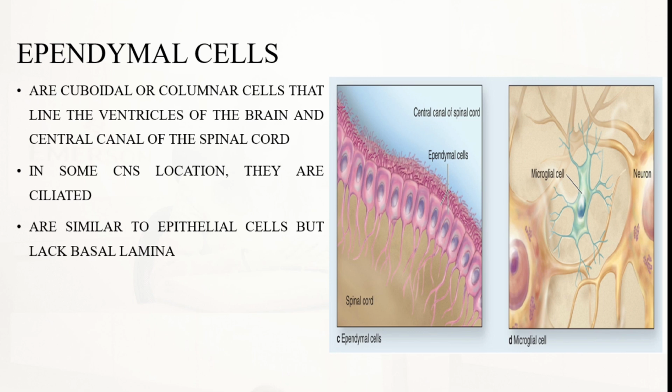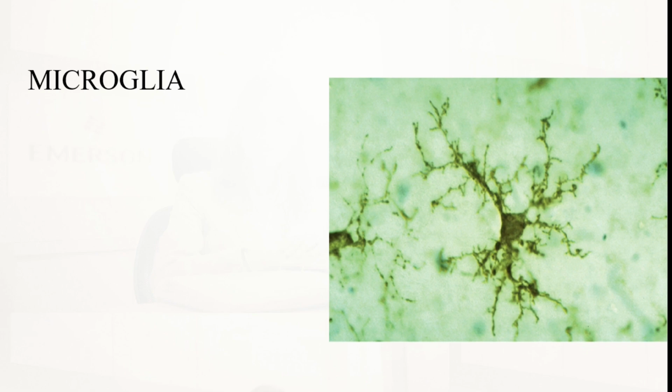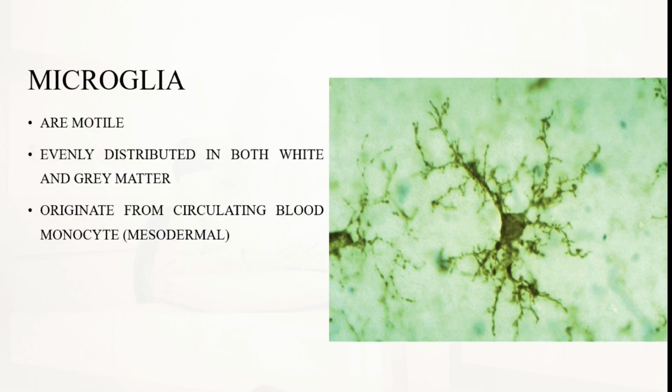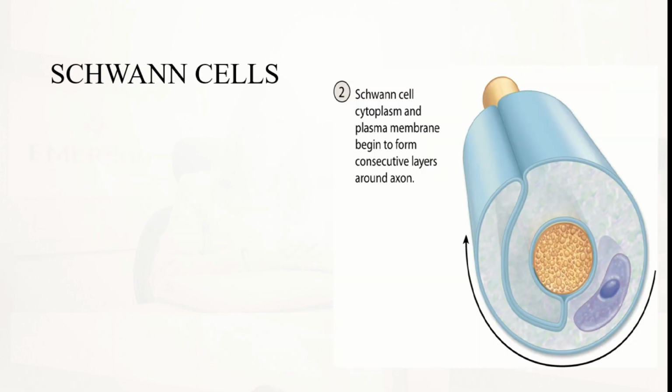Okay, that's the ependymal cells. Then we have the microglia. These are motile and evenly distributed in both white and gray matter. They originate from circulating blood monocytes or are mesodermal. Then they act as macrophages.